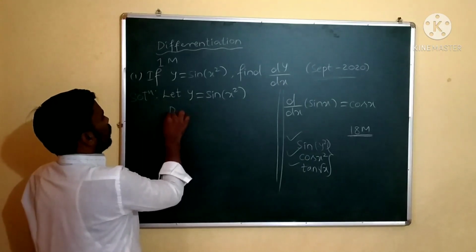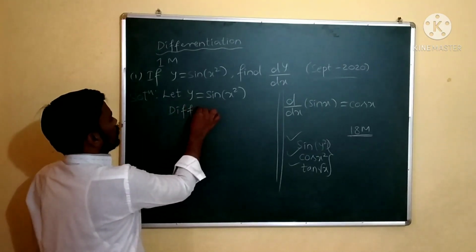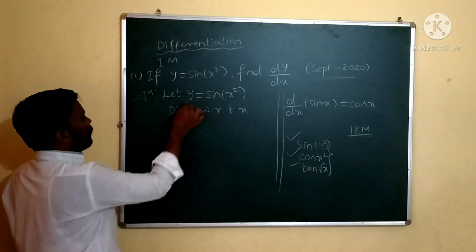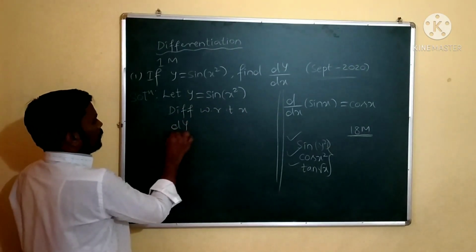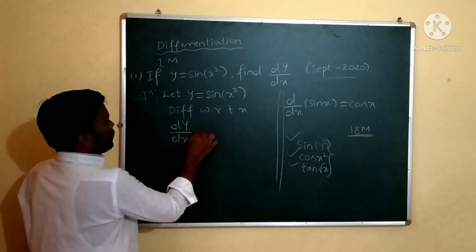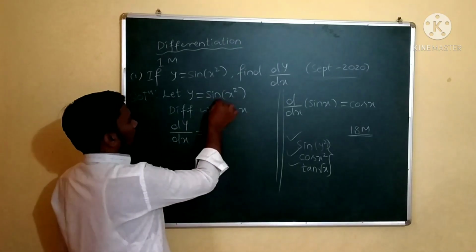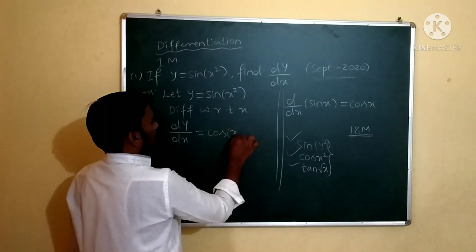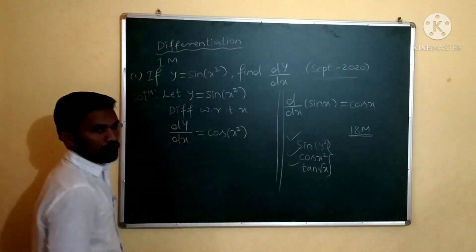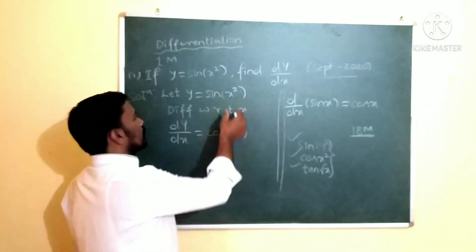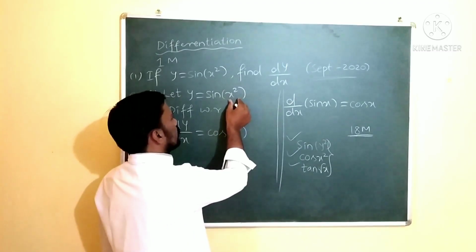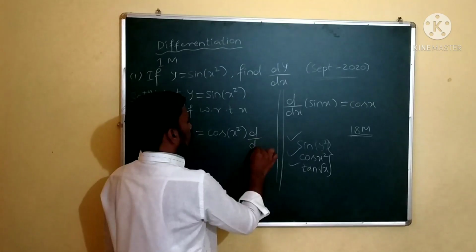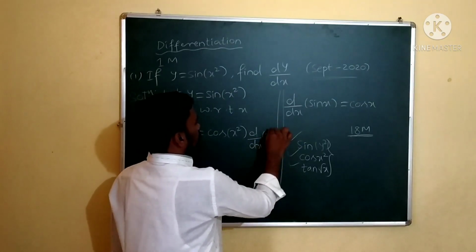Differentiating with respect to x, dy by dx is equal to cos x, where x is nothing but x square, into the derivative of the function which is inside the bracket, d by dx of x square.